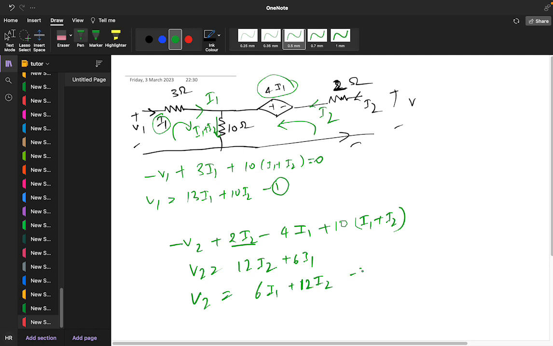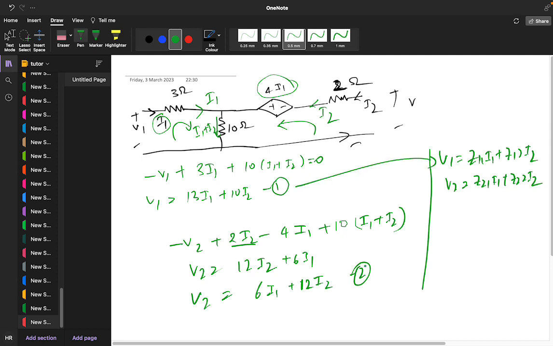Compare this equation 2 with your general equation. V1 is equal to Z11 I1 plus Z12 I2. V2 is equal to Z21 I1 plus Z22 I2. Compare and get the result. So Z11 is what? It's 13 ohm.